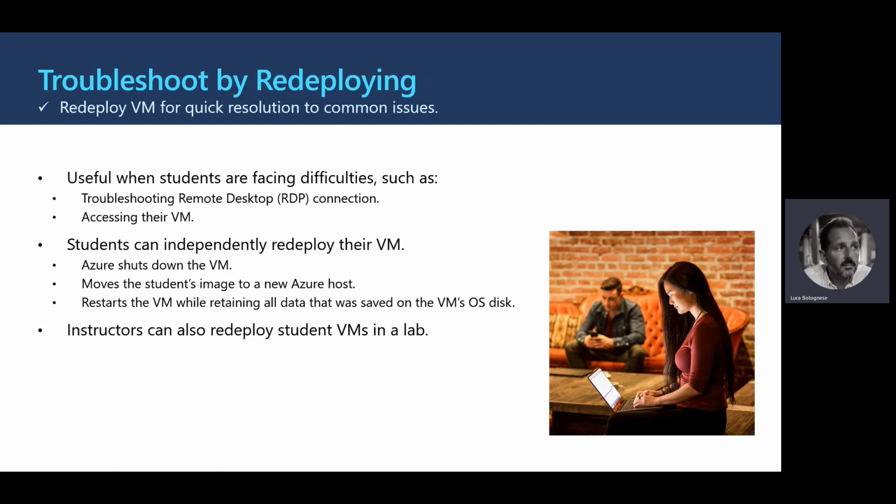So now the student himself or herself can go and do the same thing by clicking on the appropriate button on their VM, and the instructor as well can perform this operation. It's a bit of a brute force way to solve a problem, but if it works, now you can do it yourself instead of asking for support for us to do it.